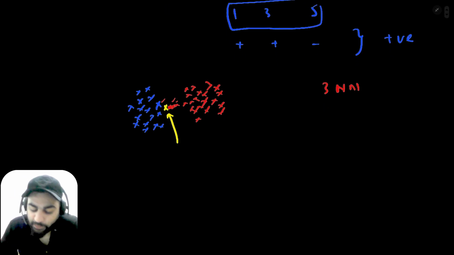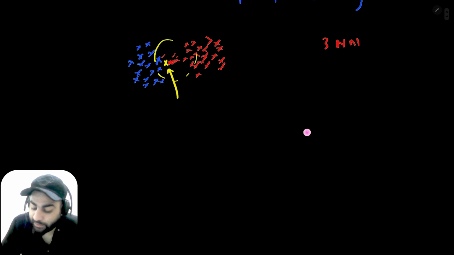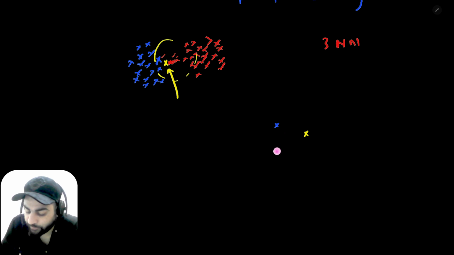If I zoom in on this picture, we have a query point like this, and then we have some points, suppose these two points, 1 and 2. I'm zooming in, and then we have these red cluster points. Suppose the red cluster points are a little far, but there are a lot more points which are closer to this.